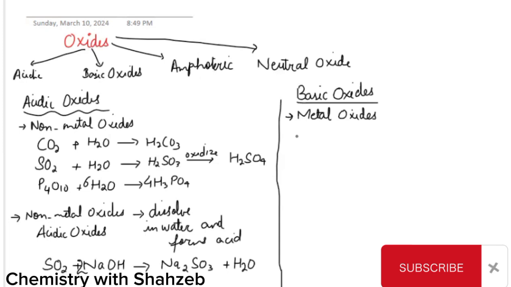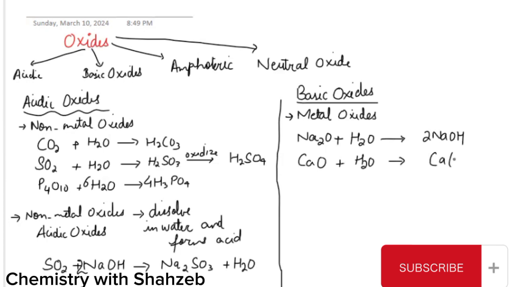For example, we have sodium oxide and we have calcium oxide. They dissolve in water and form alkalis. So it would form sodium hydroxide, and calcium oxide would react with water and form another alkali, which is calcium hydroxide.